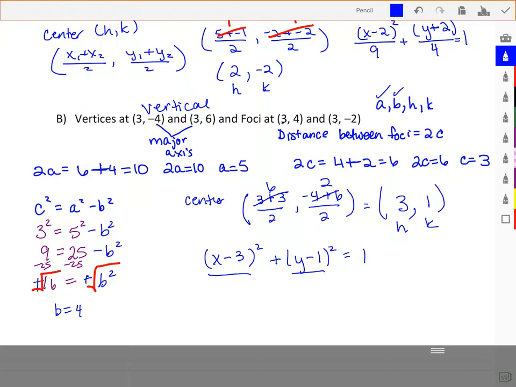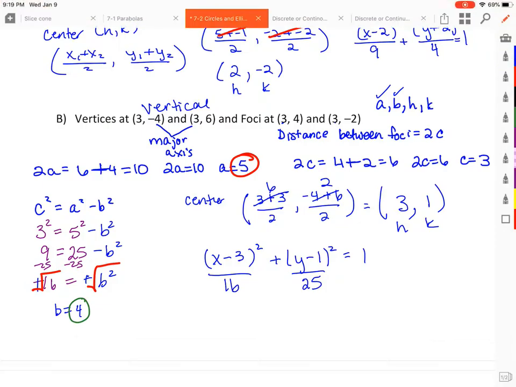So the larger denominator has to go with the y. The a was 5. We square that, so 5 squared is 25, and it goes under the y. And then the b was 4. 4 squared is 16. So there's your equation. Okay?